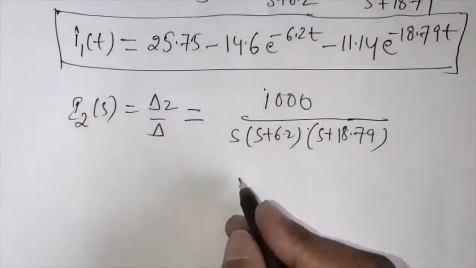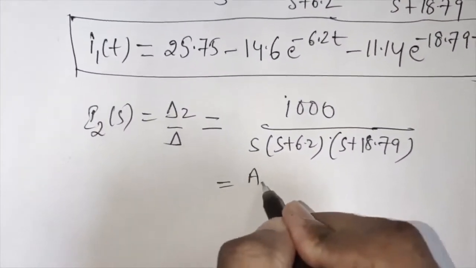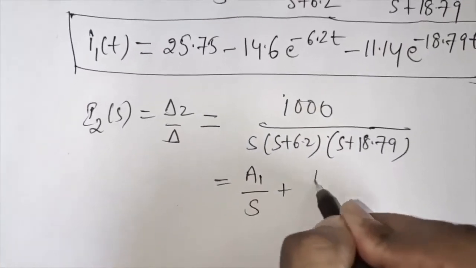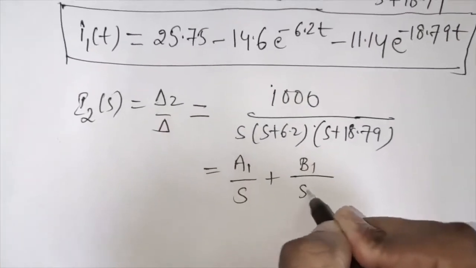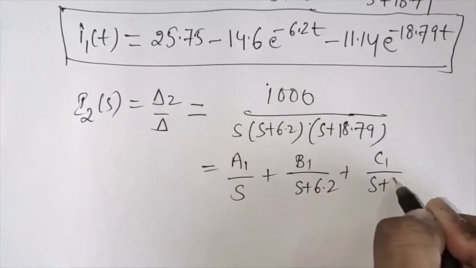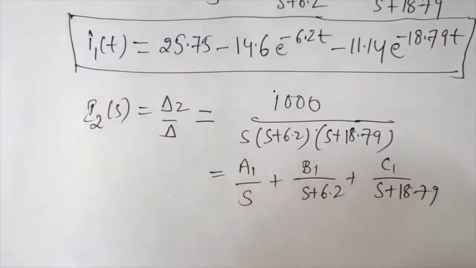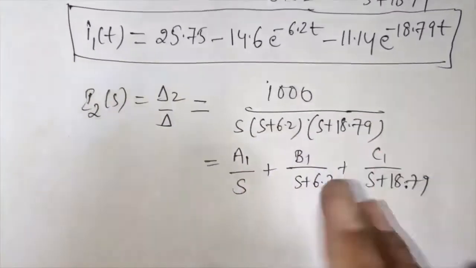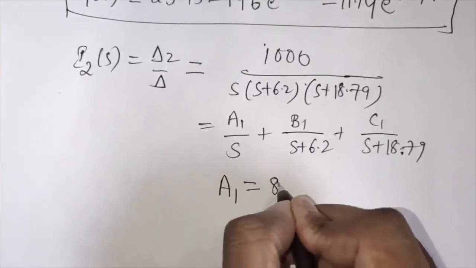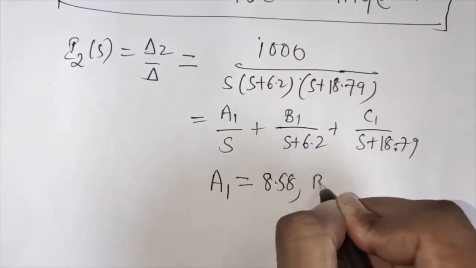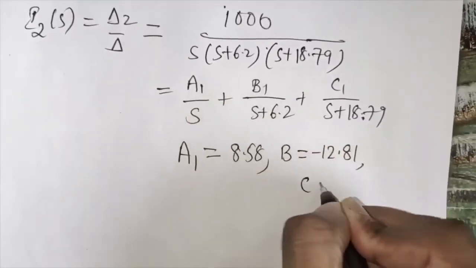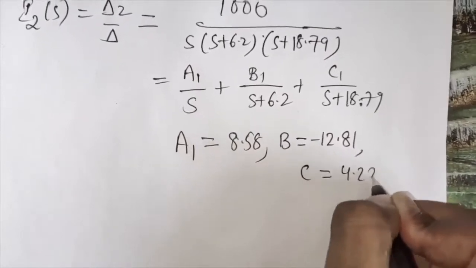Here also if I apply partial fractions, let us consider A1 by s plus B1 by s plus 6.2 plus C1 by s plus 18.79. On simplification, I will get the values A1 to be 8.58, B1 as minus 12.81 and C1 to be 4.22.